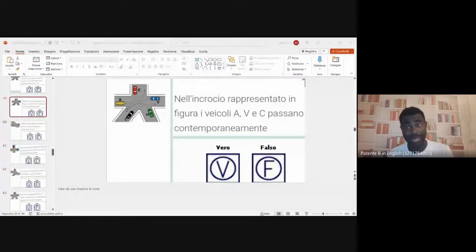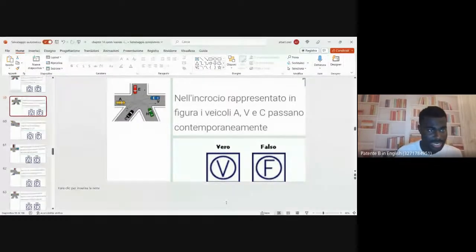No, they can't pass at the same time. A will go first, E will follow, V will follow, H will follow, and C will go last. So A, V, and C cannot pass at the same time. If they do so, they are only going to cause an accident.